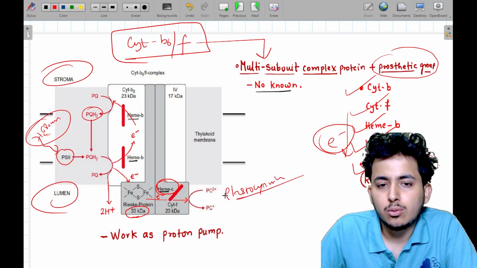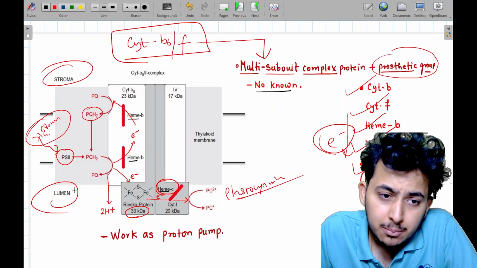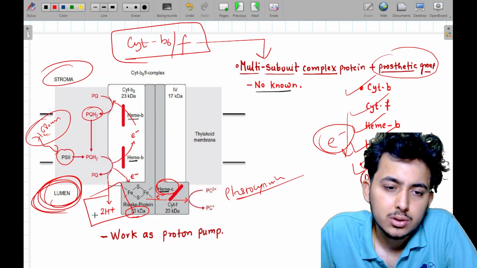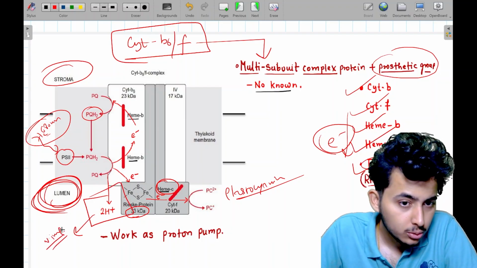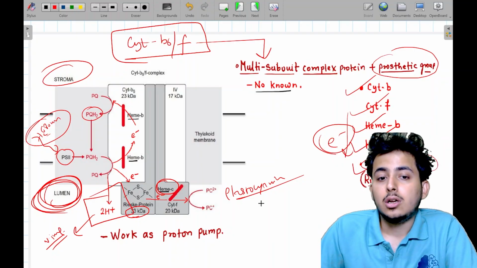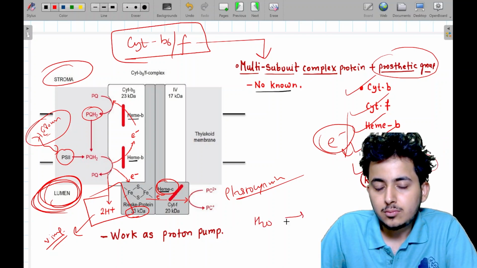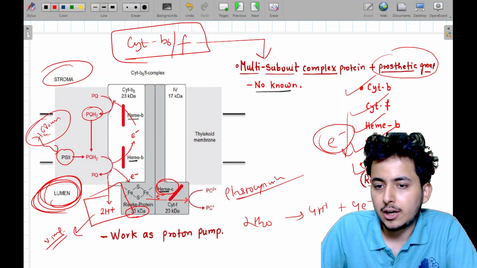This is the overall flow that is happening, and in this entire process you are pumping 2 protons into the lumen. Very, very important. And in the lumen, the water splitting also happens. 2 water molecules give rise to 4 protons and 4 electrons, and they also evolve oxygen.